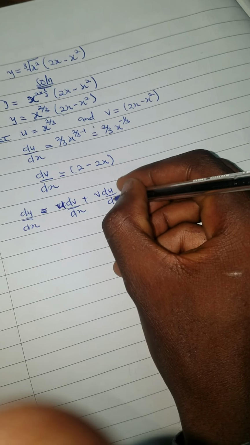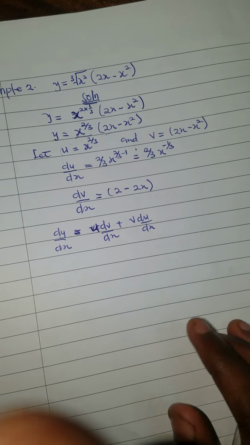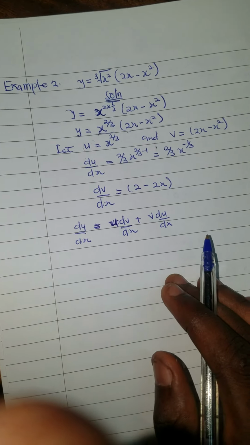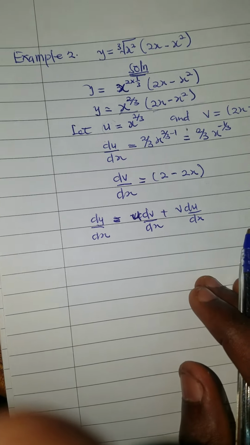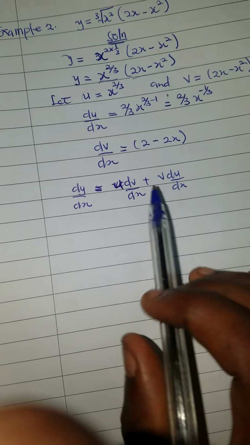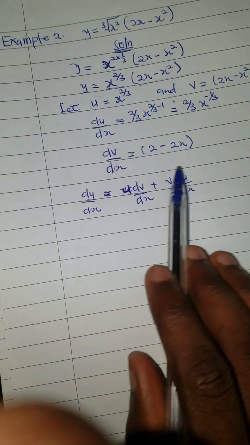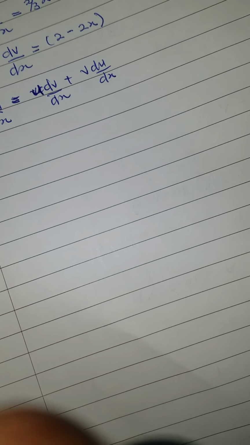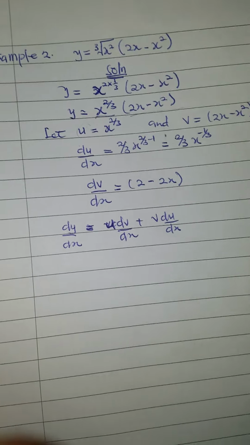It is addition. It doesn't matter what you bring first, this is addition and multiplication. When it is division and subtraction, what you bring first matters. It doesn't matter whether this term comes first or this term comes first. I hope you understand.